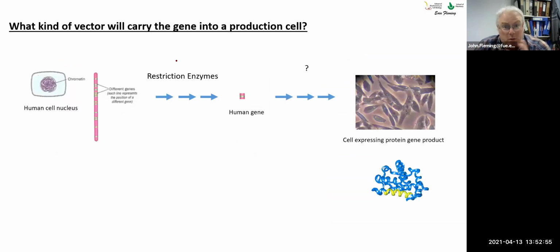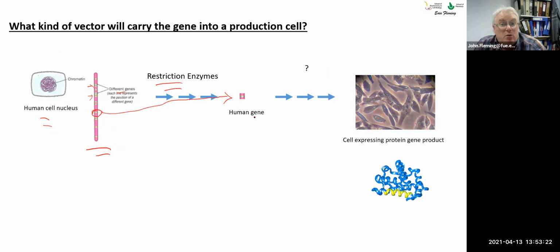So we now have this technology where we can get the DNA from a source. In this case here, I'm talking about a human nucleus. We isolate the chromosomal DNA, which has individual genes located along the individual chromosomes. And we can use restriction enzymes maybe to cut out the nucleic acid sequence that corresponds to just one of these.